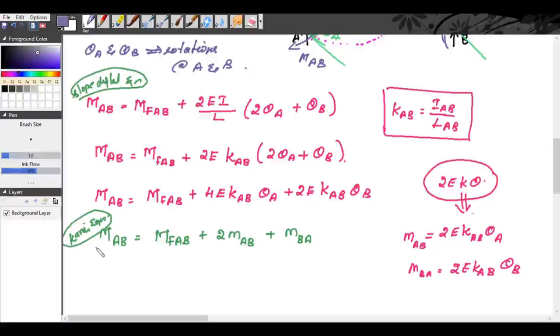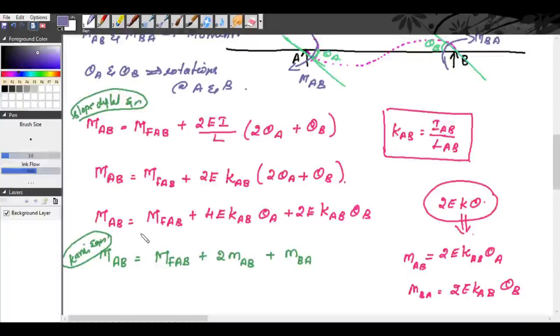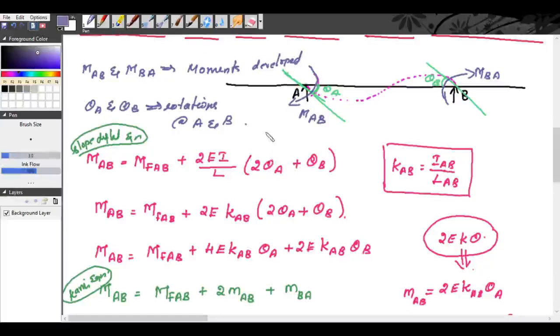So we know there may be many members meeting at joint A. If there is more than one member meeting at joint A, then B is the common designation for the far ends. For any members joining at end A, B will be the far end, the common destination.